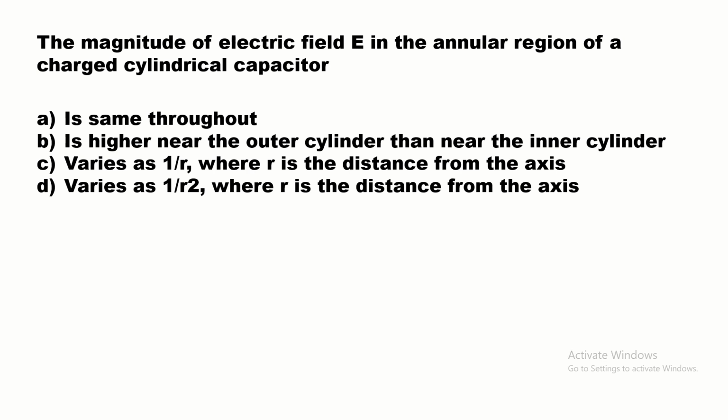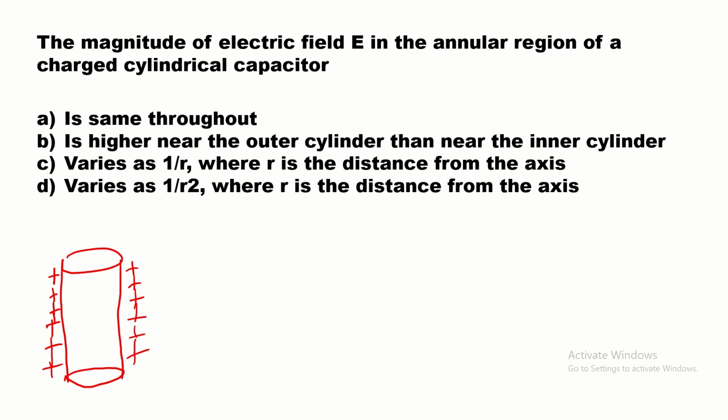So first, let's draw the diagram for the charged cylindrical capacitor. Let's say this is the cylinder we're talking about. Since it is charged, the charge would be on the outside like this, all throughout the cylinder, and then let's say this is the axis of the cylinder and the radius is r and the length is l.